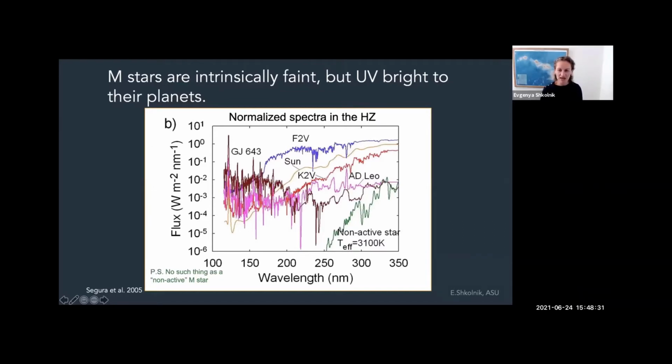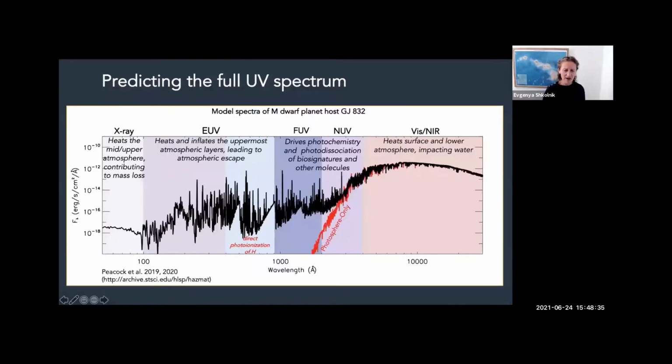And so we've worked to actually rectify this and produce a new set of models that are empirically guided by the observations I'm about to show you. So here is a plot from Peacock et al., where they calculate a photosphere only model here in red. That's that non-active M star you might see in the older literature.